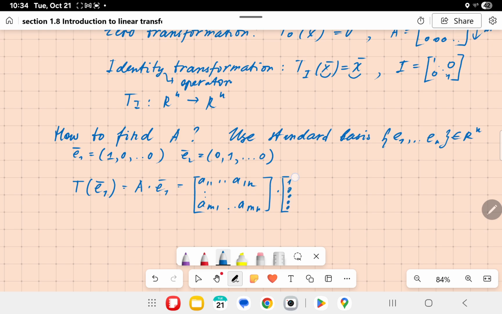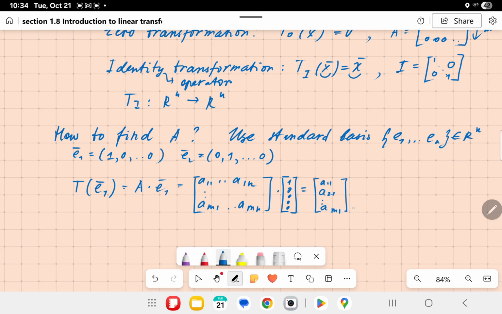I'm just going to do it once and all others are going to do the same. Multiply the first row by this vector. I'm going to get a11 only, because only the first entry is going to be multiplied by 1. The rest are going to be multiplied by 0. Same for the second row, only the first entry is multiplied by 1, the rest by 0, and until the end.